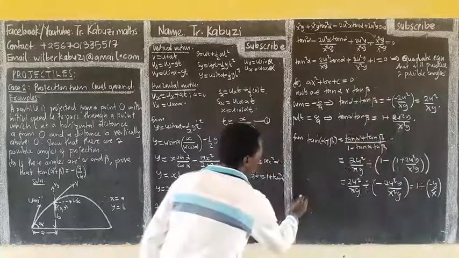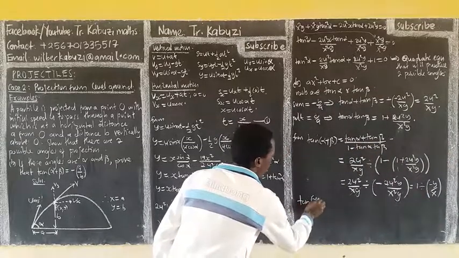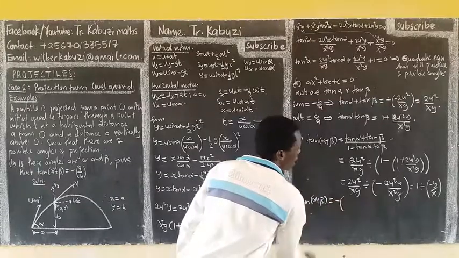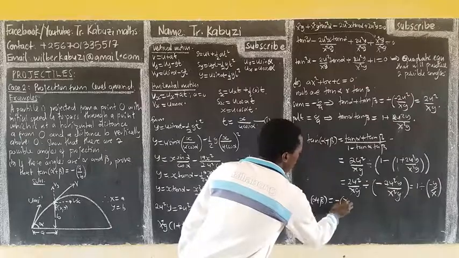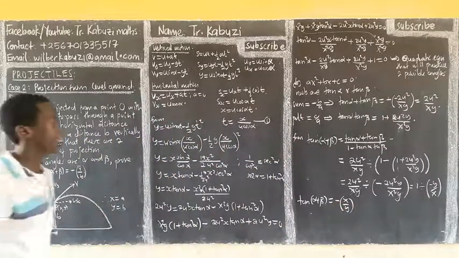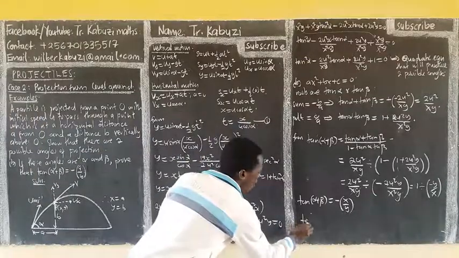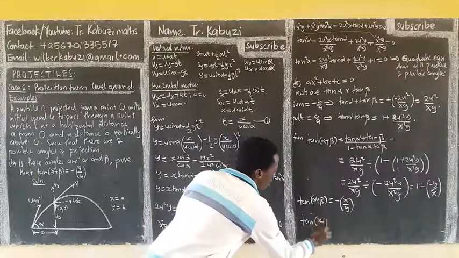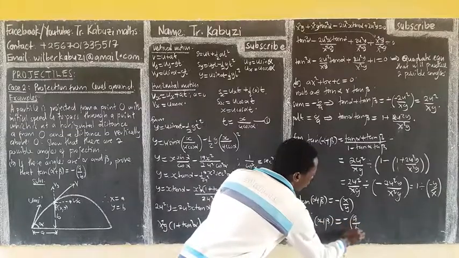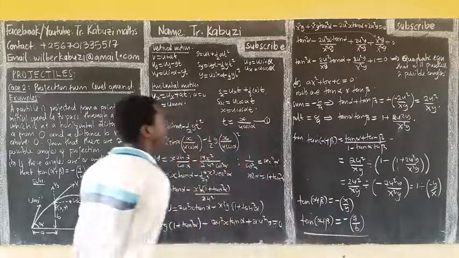That is my tan alpha plus beta. The reciprocal of that will be negative x over y. Now what is my x? There our x we said is that, so my tan alpha plus beta is going to be negative A over B.